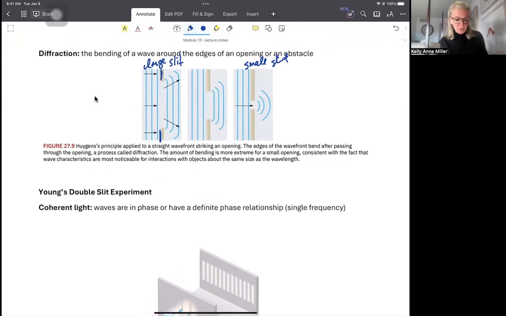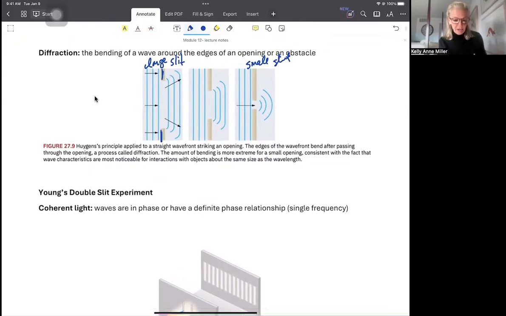Okay, so what does Huygens principle say about diffraction? It says that the edges of the wavefront bend after passing through the opening, which is what diffraction is, and the amount of bending depends on how small the aperture is. This is what I said at the beginning.